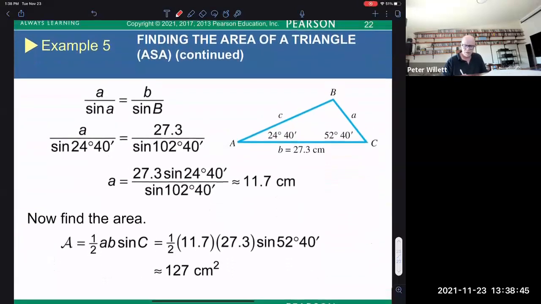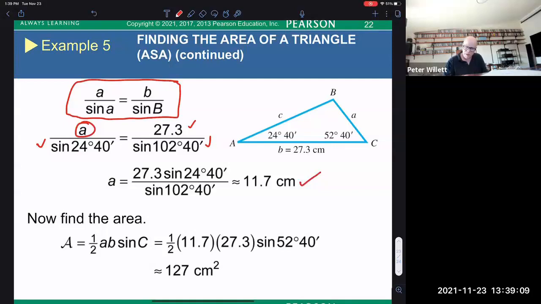In this case, since we know side B and angle B, they're going to find side length A by using the A and the B fractions from the law of sines, putting in the three that we know to solve for the one that we don't know.